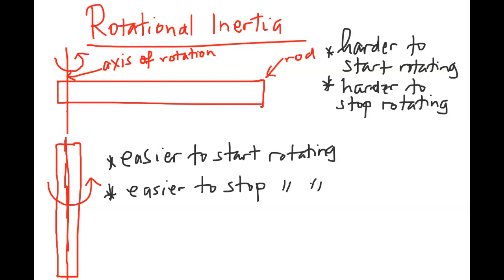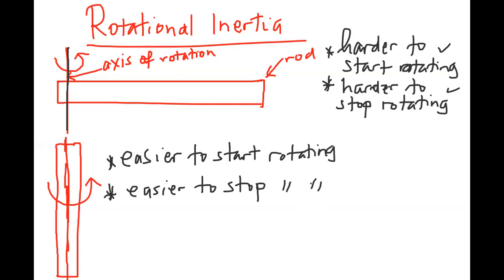If most of the mass of the rod is away from the axis of rotation, we see that it is harder to start rotating, but also harder to stop spinning. These are the observations.